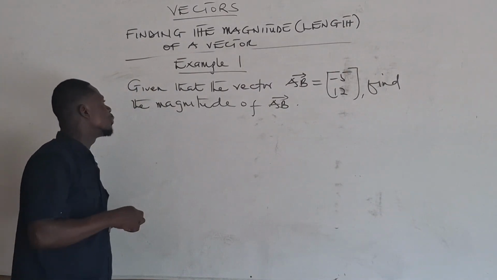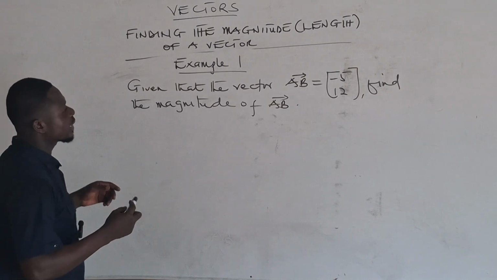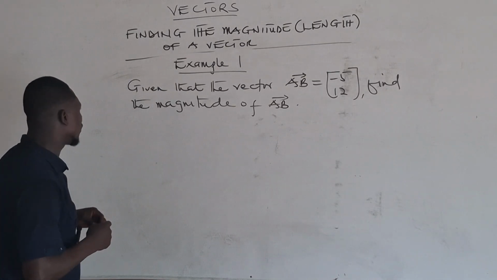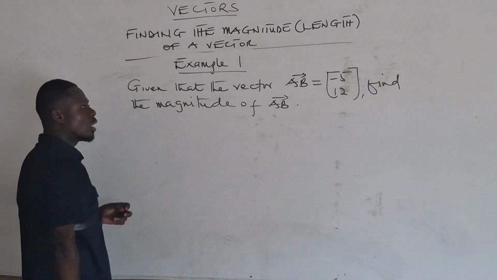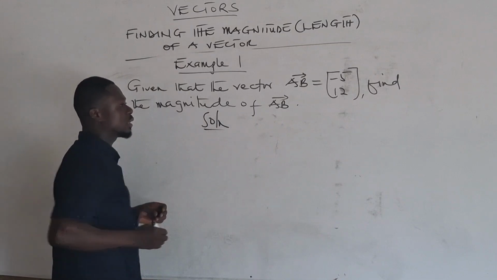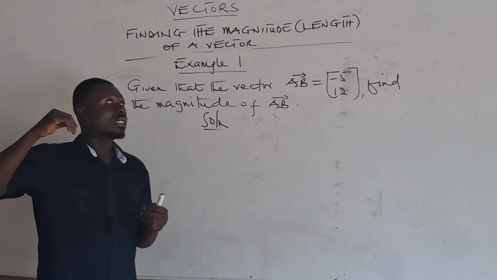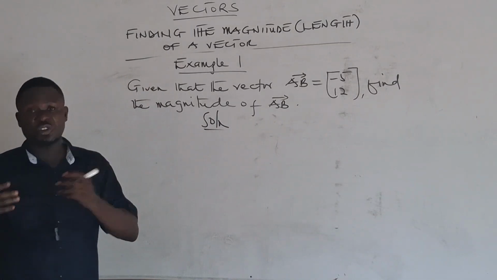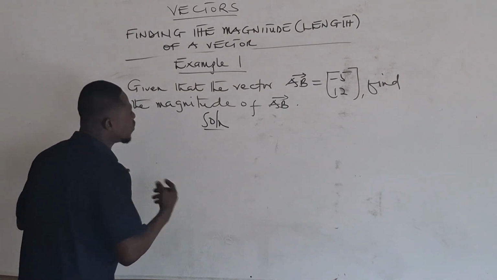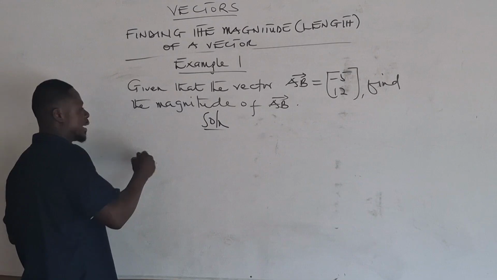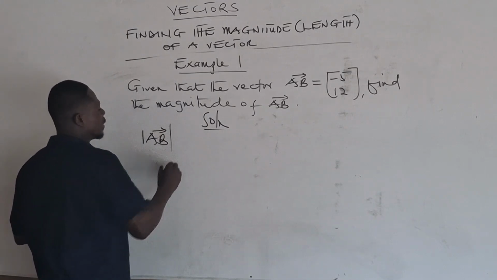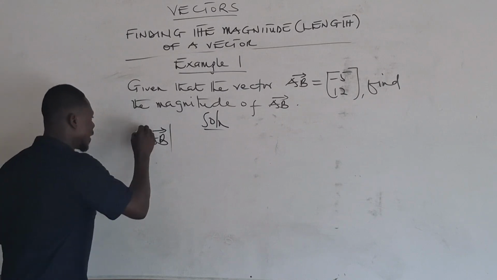In our first example, we are given that the vector AB is equal to (-5, 12). Find the magnitude of vector AB. So let's look at how this will be found. In the definition for magnitudes of vectors, we saw that to find the magnitude of a vector, it is always denoted by this, the absolute form, that is the magnitude.